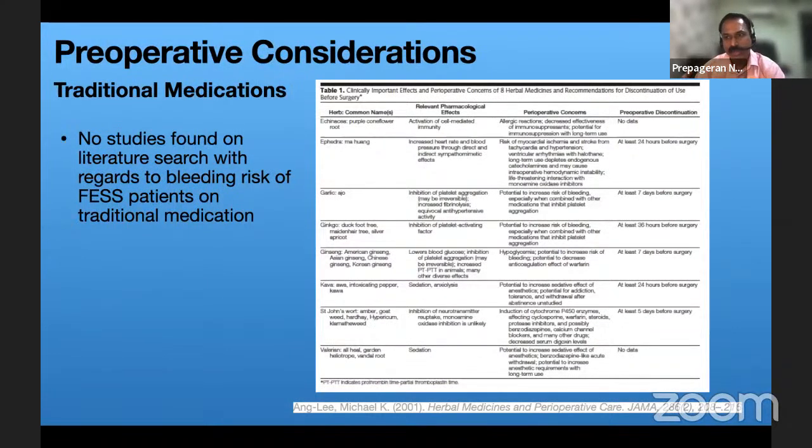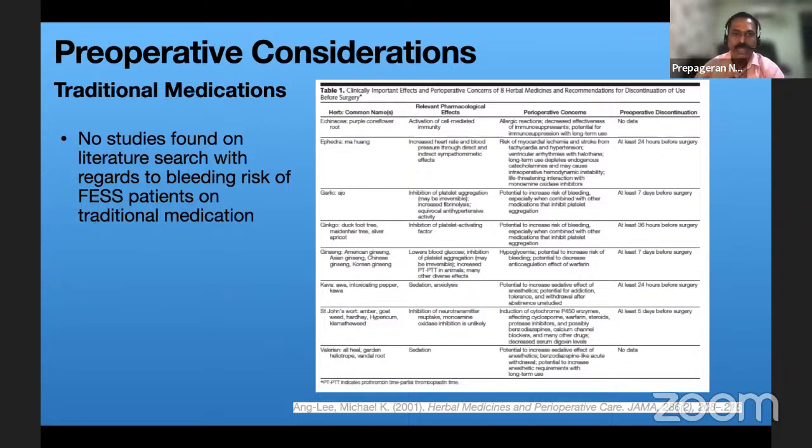Let's talk about traditional medicine. In our part of the world, traditional medications are very commonly used, ginseng and Chinese traditional medicine. Most of them are believed to have anti-platelet activities, and we have seen clinically, when we do skull-base and advanced cases, the amount of continuous oozing that we have.